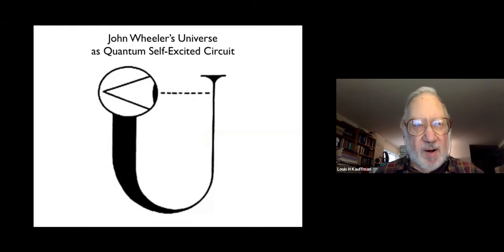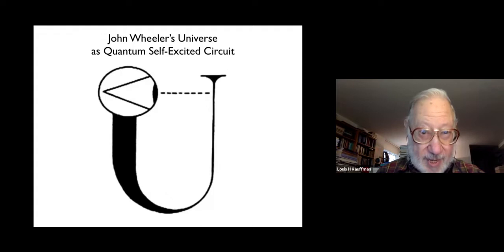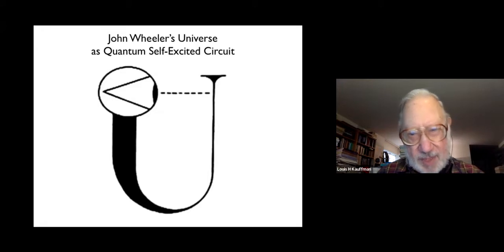And this is a more modern schema about something circular due to John Wheeler, who liked to indicate the epistemological problem of quantum mechanics, which he was fond of, by drawing a letter U, which is the universe, and the universe has an I, which is looking back at its origins, the Big Bang over there on the right.